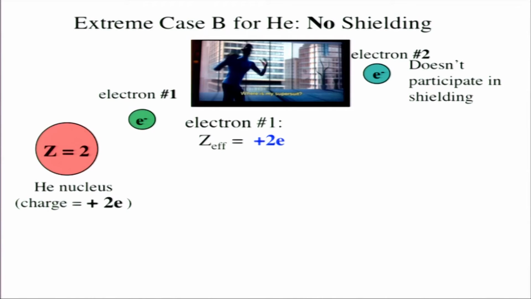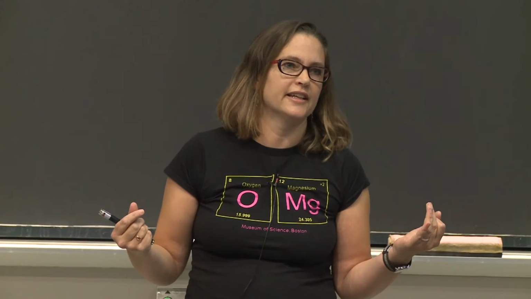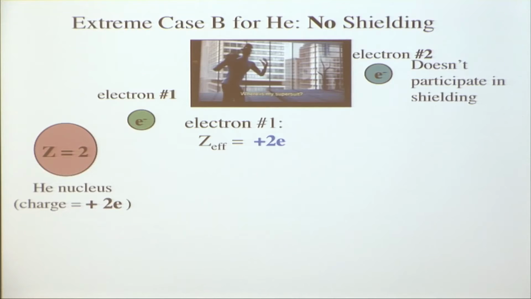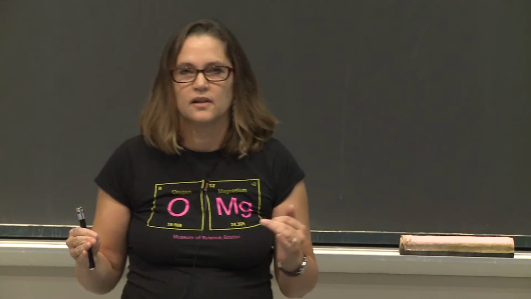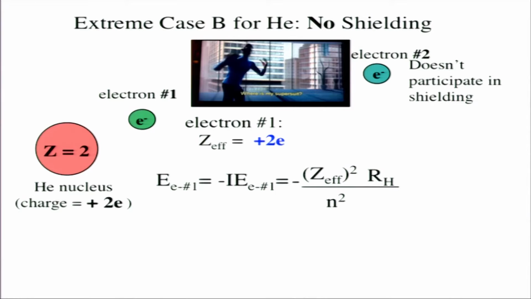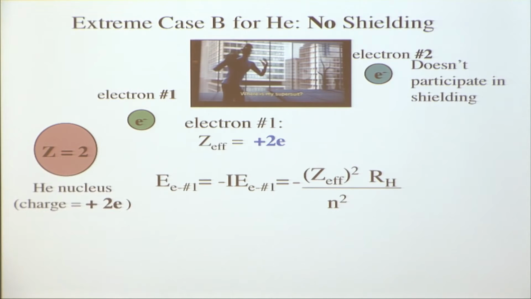So in this extreme case, electron 1 feels the full force of the nucleus. So its effective charge is the full, complete +2. So we can plug that in now and calculate what the binding energy is going to be. Again, binding energy for electron 1 equals minus the ionization energy for this electron.